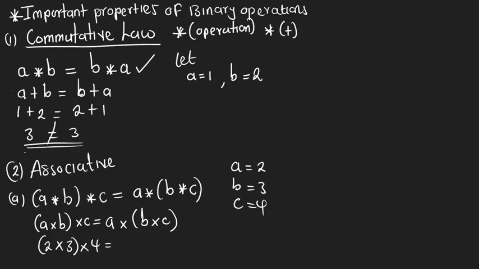This becomes 2 multiplied by 3 is 6, multiplied by 4 becomes 24. The other side is 2 multiplied by 3 multiplied by 4, that becomes 24.